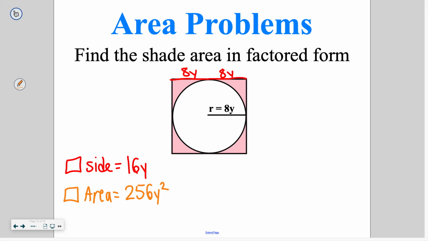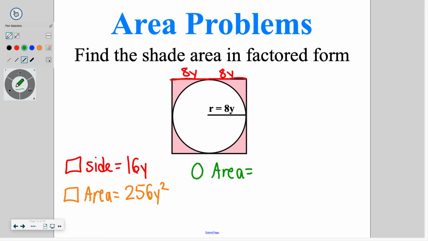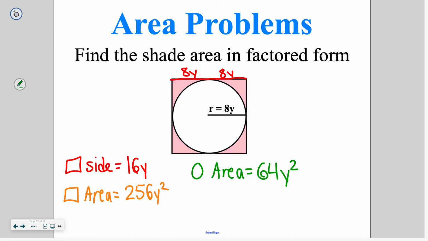But we only want the shaded part. So now I need to be able to take out the area of that circle. So the circle area is going to be pi times my radius squared. So 8 squared gives me 64, y squared, and then multiply that by pi.